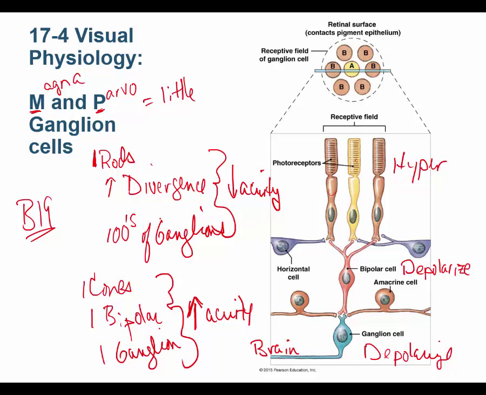In addition, I have these on-center and off-center cells. If the image is hitting my yellow rod, it's hitting my on-center cell, and my on-center cell fires, and my off-center cells don't fire. But if the image is hitting my peripheral cells, then these cells fire and my on-center cell doesn't fire.